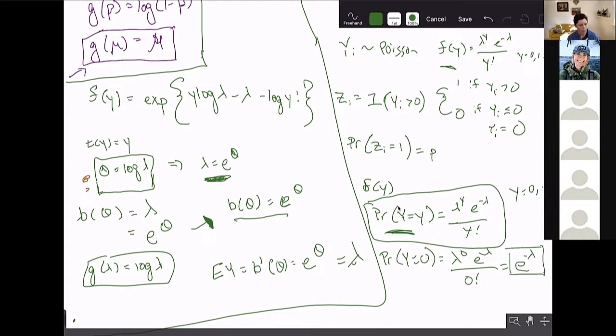And if we have the probability of y equals y, well, what is the probability of z equals 0 based on this? Isn't that the same thing? Mm-hmm. And then the probability that z equals 1 is 1 minus that.